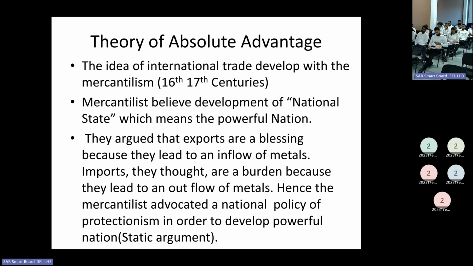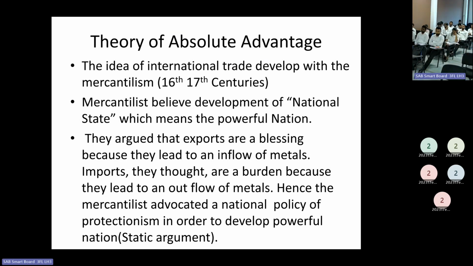Now you know the basic idea of mercantilism: export promotion and import restriction. That way they suggested developing powerful nations by accumulating precious metals. They argued that exports are a blessing.